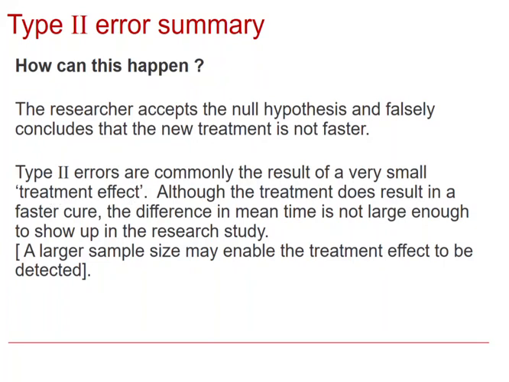And in effect what it means is that there is a difference between the mean speed for cure for the two treatments, but the difference is really quite small, and therefore it's quite unlikely our sample will give us such an extreme result to lead to us actually rejecting the null hypothesis. And we'll have a look at an illustration of type 1 and type 2 errors next.